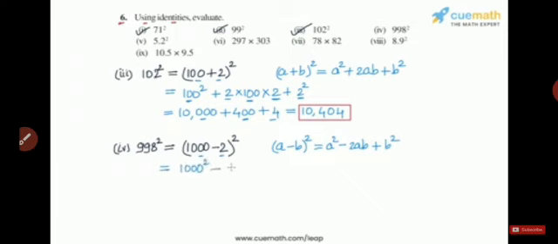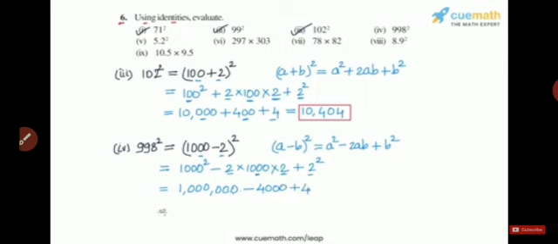Then 1000 square minus 2 × 1000 × 2 plus 2 square. Then 1 and 6 zeros, minus 4000, plus 4.